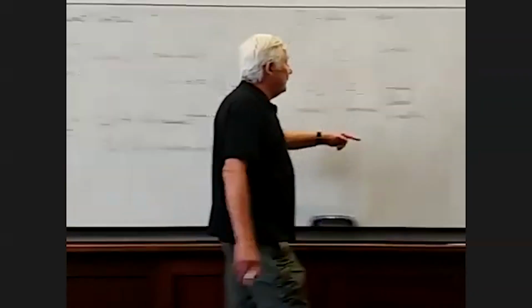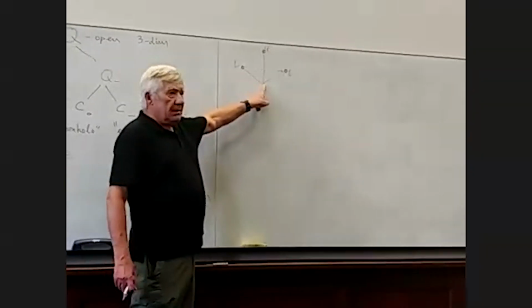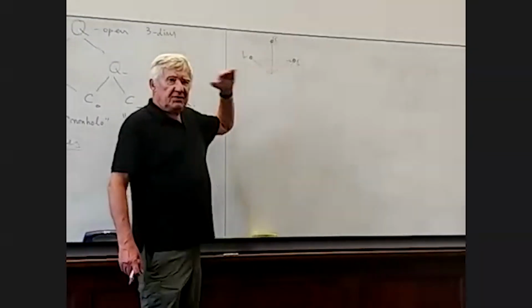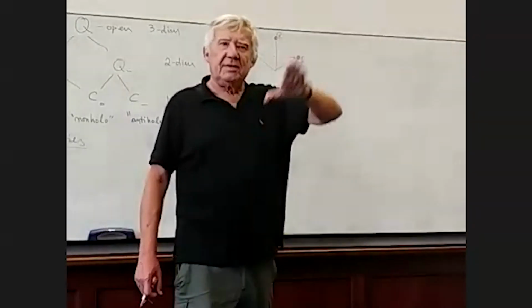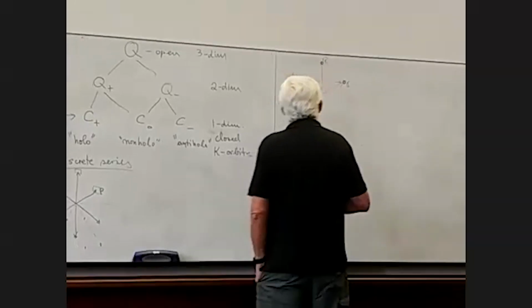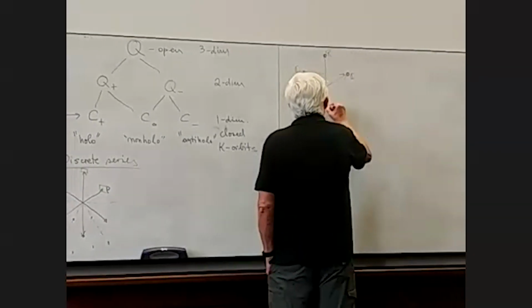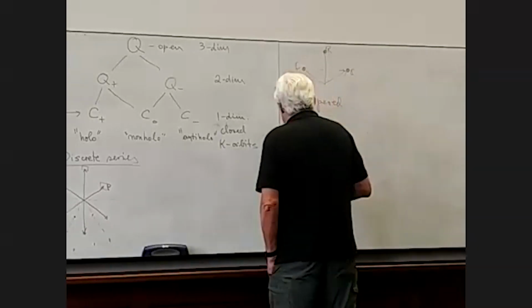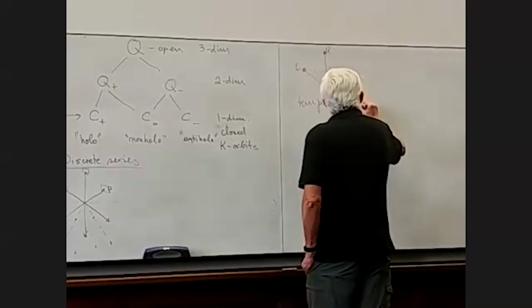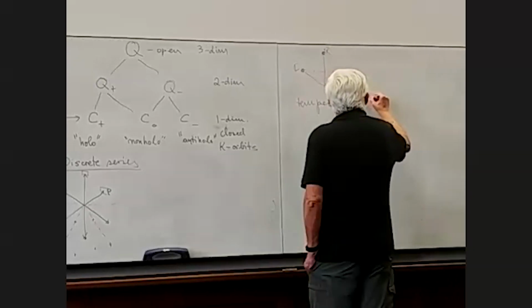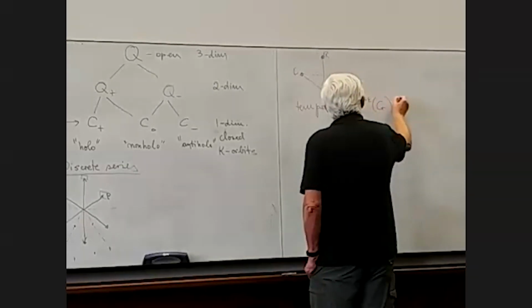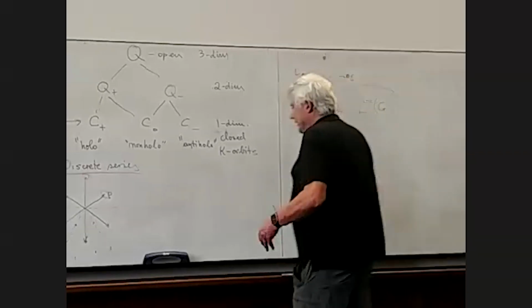So I get a weight which is not decaying but not increasing at this point, and this means that the matrix coefficients are tempered, whatever tempered means, in L2 plus epsilon of G. And this is something important in harmonic analysis on groups.